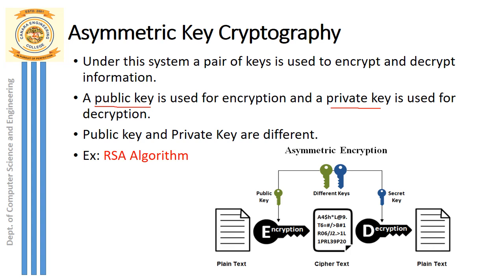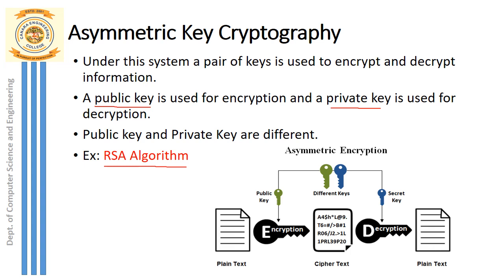Public key and private key are different, so the name is asymmetric. Asymmetric means different. A well-known algorithm which comes under asymmetric key cryptography is the RSA algorithm, which is our topic of discussion.